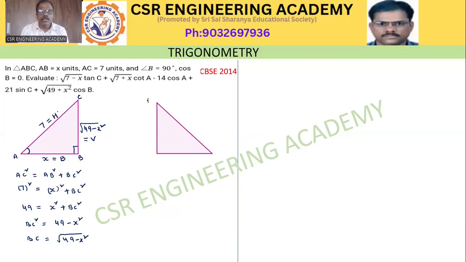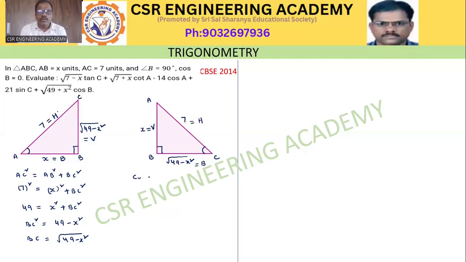Here, triangle ABC, AB is equal to x, BC is equal to root of 49 minus x square, AC is equal to 7. Right angle at B. For angle C, here AB is equal to x is the vertical side, BC is equal to root of 49 minus x square is the base, AC is the hypotenuse.